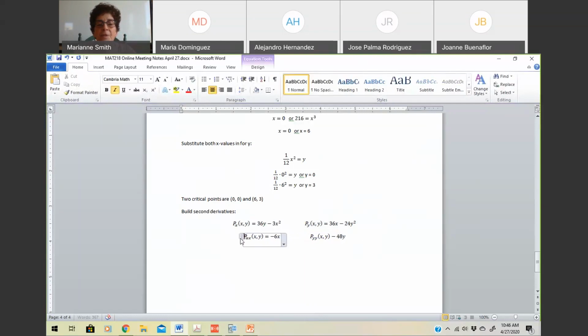Let's do the mixed partials. If I differentiate my first derivative with respect to x with respect to y, that would give me just 36. And let's do yx over here.